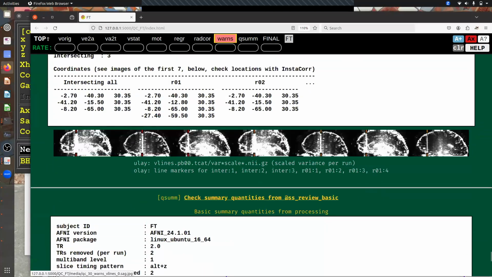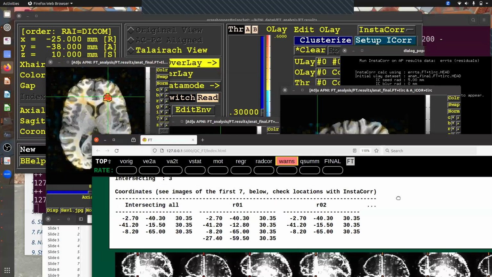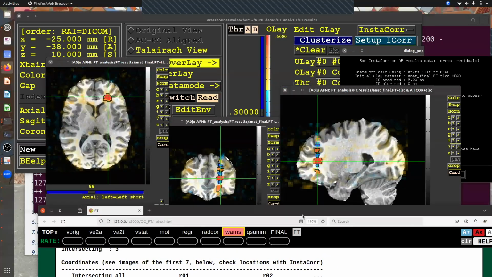If we look at just what the standard deviation of the data looks like, you actually have these high lines of variance going through your brain in the raw data set. And that's essentially what is causing these correlation, anti-correlation patterns.